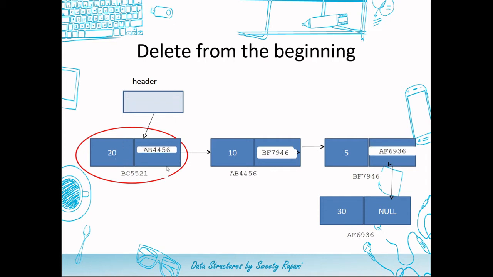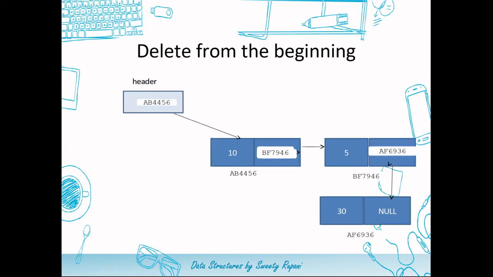So the address which is stored in the link part of 20 will now be stored in the header, in order to remove this link and make it point to node number 10. When the header is pointing to node number 10, we don't have any way to reach node number 20. So this node is deleted from the beginning.